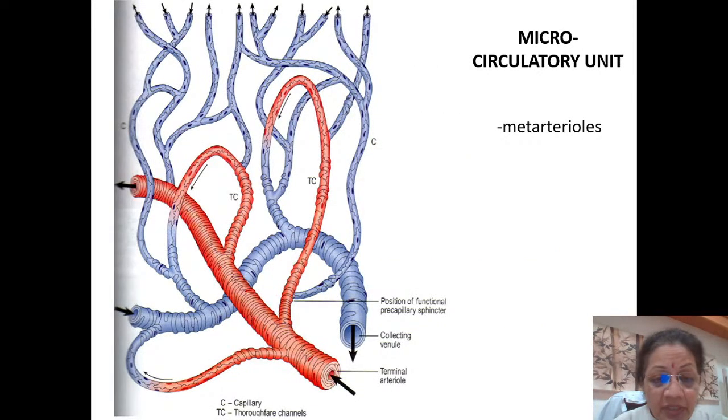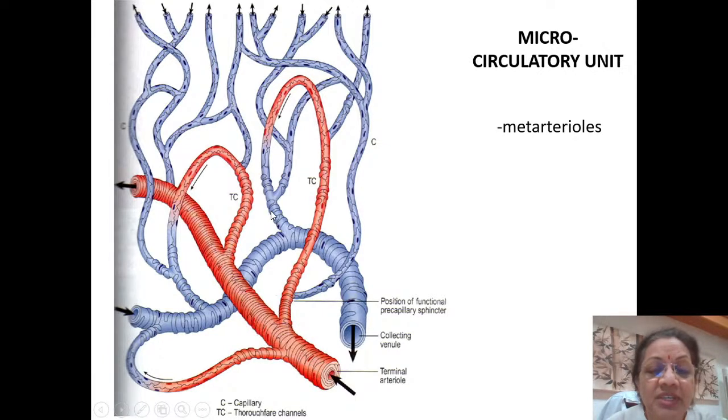A microcirculatory unit is again a concept where we are saying that between the terminal arteriole and its branches, which is essentially a capillary, which will lead back into a venule, which will lead back into a connecting venule, there will be certain channels where there is free flow.